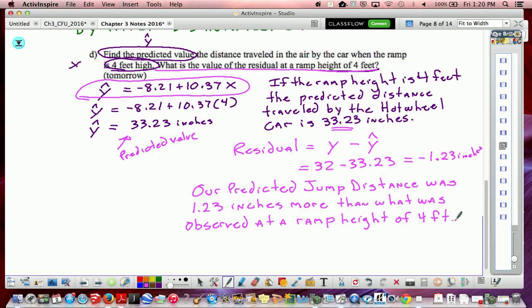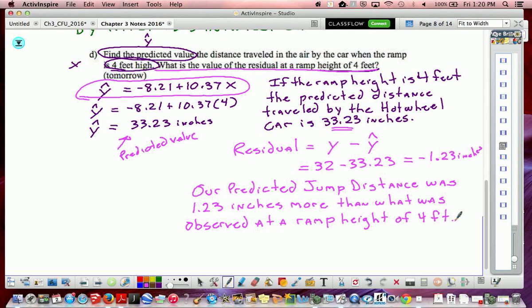So the residual shows how off my line is at any given x value. Sometimes it's going to be off above or below. This time, our predicted jump distance was above because my residual was negative. My observed value was below the predicted value.